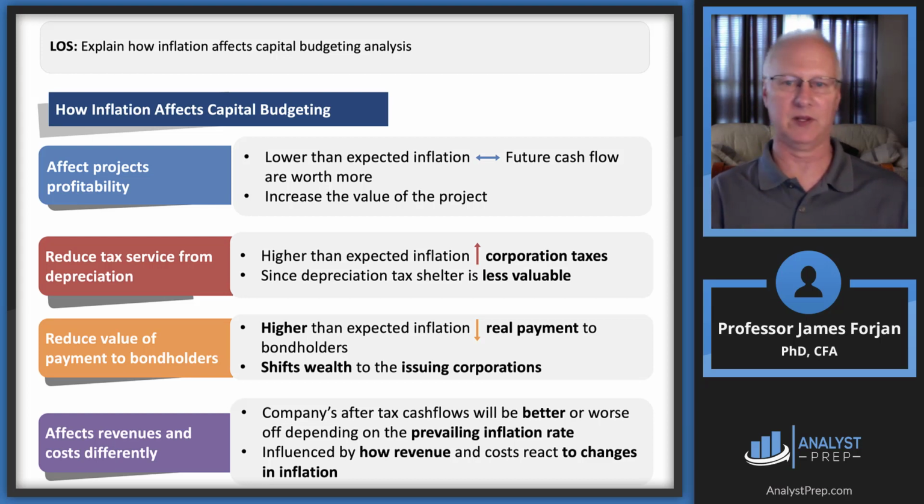Higher than expected inflation is probably going to make the depreciation tax shelter less valuable, which is probably similar to what happens with a bond. Higher than expected inflation shifts the wealth away from the bondholders to the issuing corporation. And then look at that last one there, affects revenues and costs differently. This is what I was saying earlier.